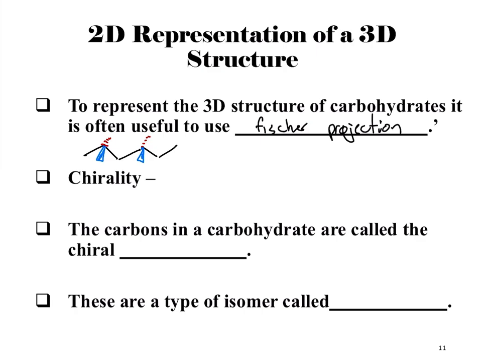Like your left and right hand, they're a mirror image of each other, but there's no way you can superimpose them on each other, right? Which means the structure and the bonding, three-dimensional structure of this is going to be different, right? So these were non-superimposable mirror images.